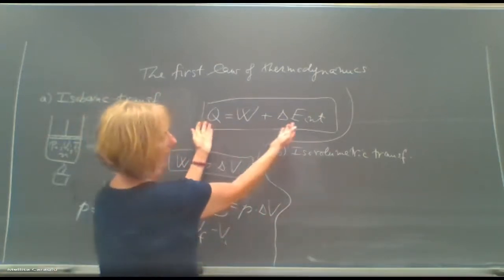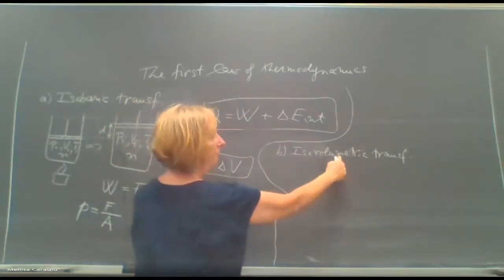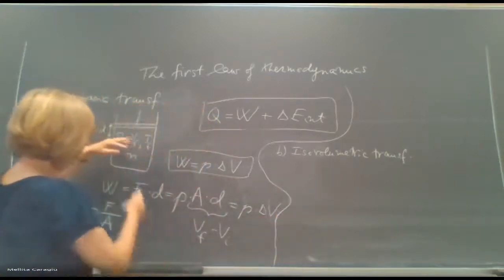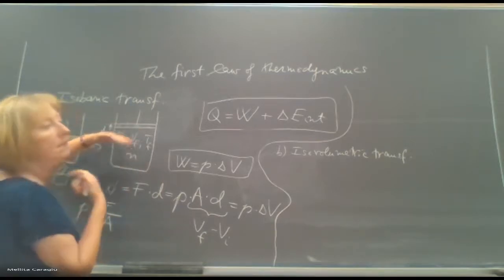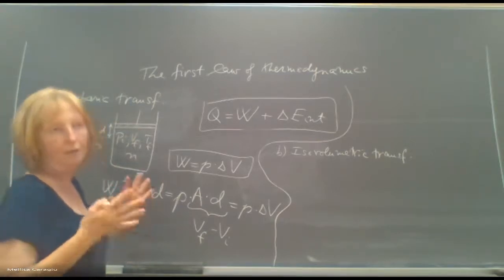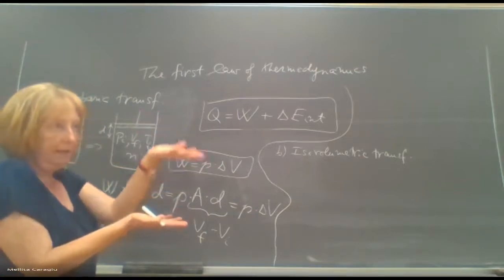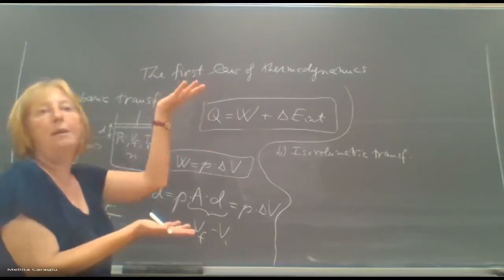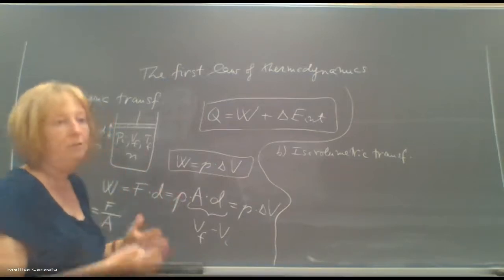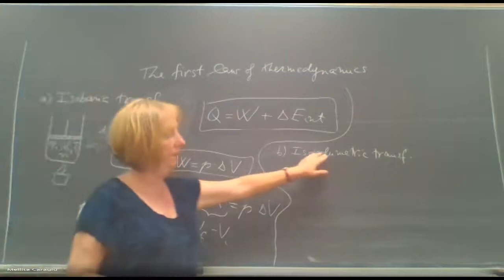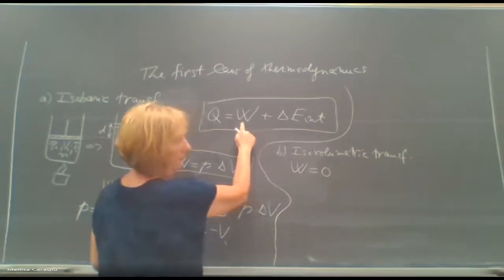When I'm looking at Q equals work plus change in internal energy in an isovolumetric transformation, because the volume of the gas cannot change, that means the gas cannot do work, because work is always associated with a change in volume, right? The gas acts upon the piston, pushes it up, and does work, but that automatically means that there has to be a change in volume. Since there is no change in volume, the work would equal 0.